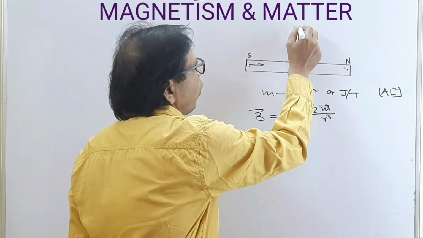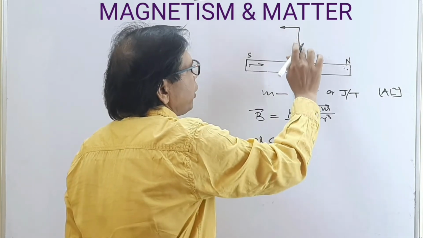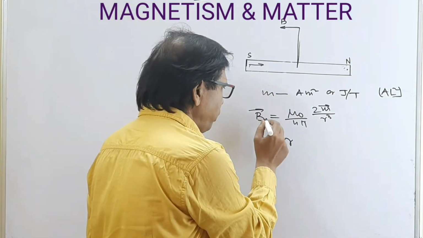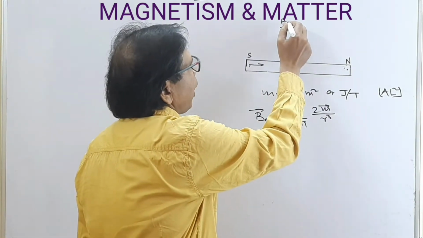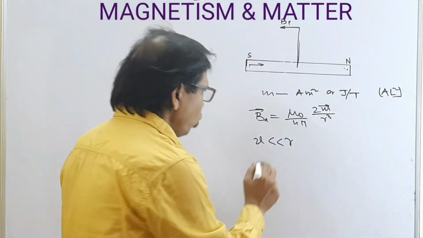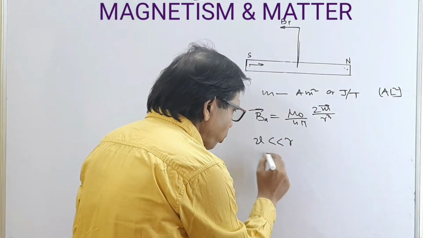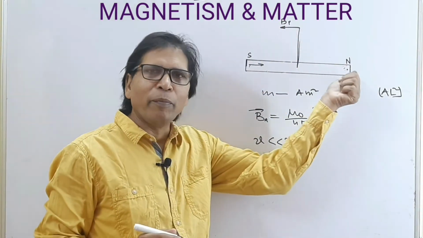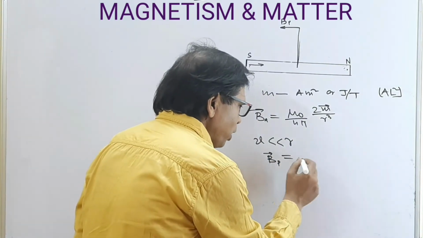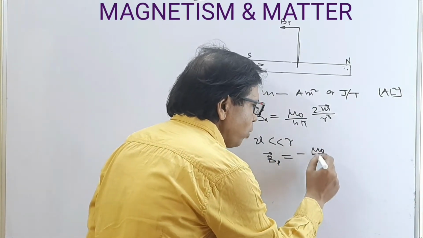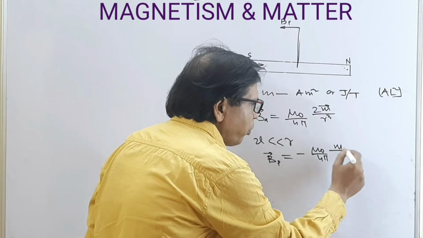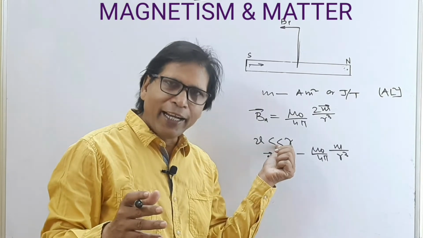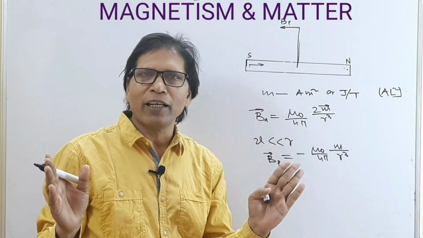Now the magnetic field on the perpendicular bisector position is directed along this direction. If this is the magnetic field B axis and this is the B perpendicular bisector position, so look at this, the B perpendicular direction is this direction, but the magnetic moment m is in this direction, so this becomes minus mu naught by 4 pi, m divided by r cube, where 2L is very small.